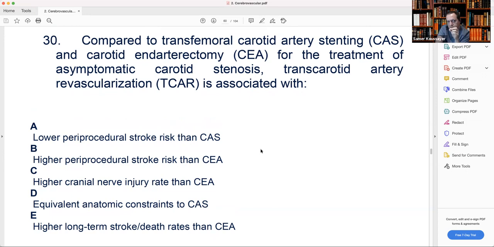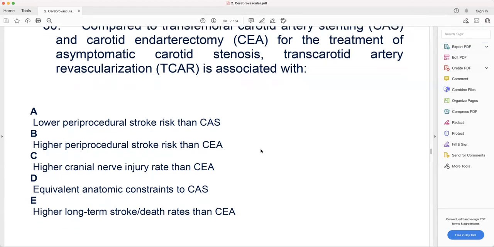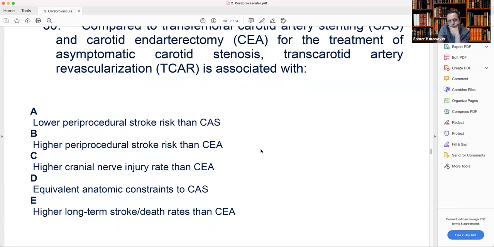So when TCAR came, it was able to drop the stroke rate in stenting down to the level of carotid endarterectomy. That's why it became more popular. So now TCAR and carotid endarterectomy have almost the same level of stroke. This is the advantage of TCAR. That's why people like to do it, because you decrease the chance of stroke.